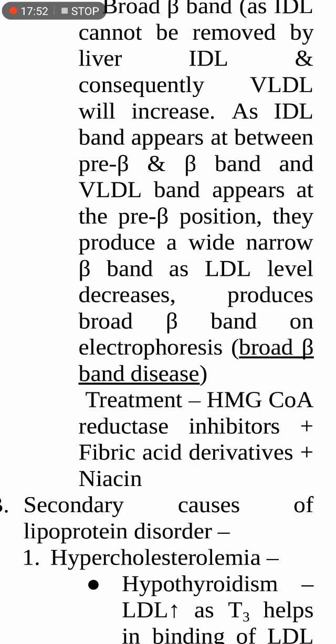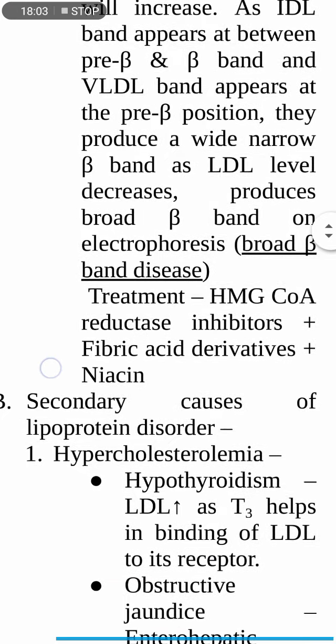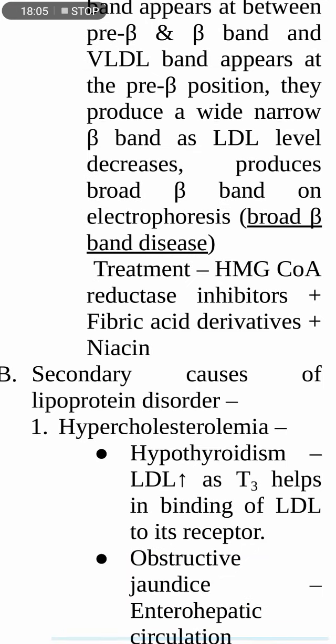So these are the primary causes of hyperlipoproteinemia. That means the cause is due to the inborn error. Second is secondary cause of lipoprotein disorder. That means hyperlipoproteinemia secondary to any disease.